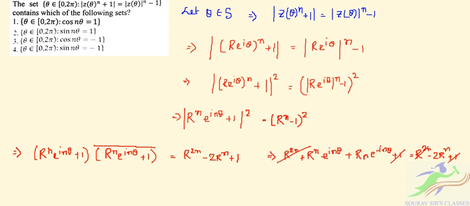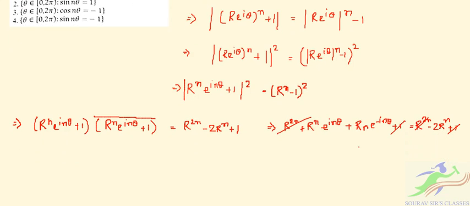So if we take r to the power n common, r to the power n times (e to the power i n theta plus e to the power minus i n theta) equals minus 2 times r to the power n.